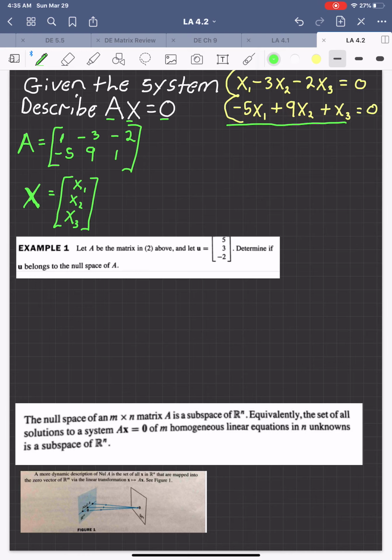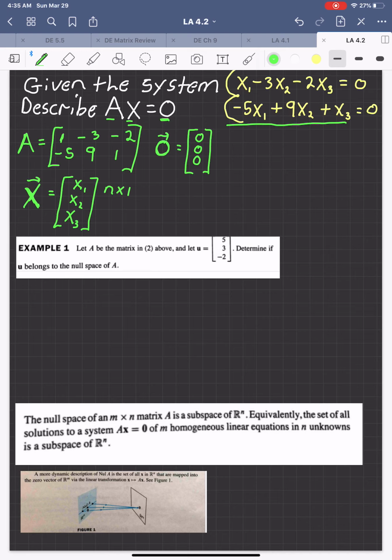These are all column vectors, n by 1 matrices, and in this case this is a 3 by 1. Now let's look at the right side of the equation, 0. That is the 0 vector. It would still be a 3 by 1 column vector, but this is the way that the 0 vector would be written in the context of this problem.